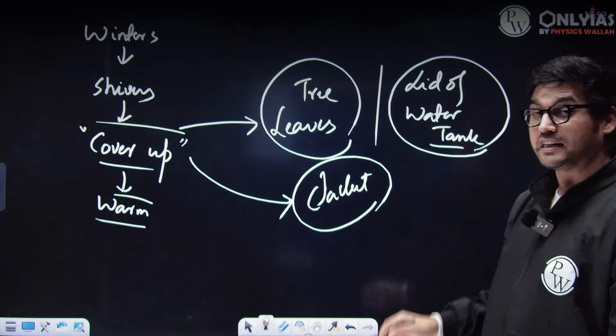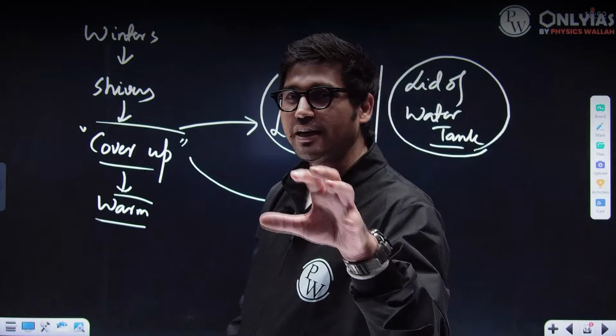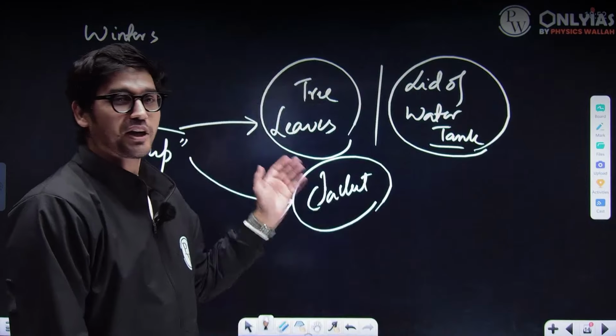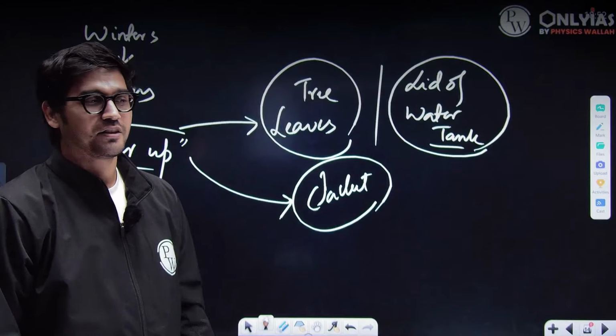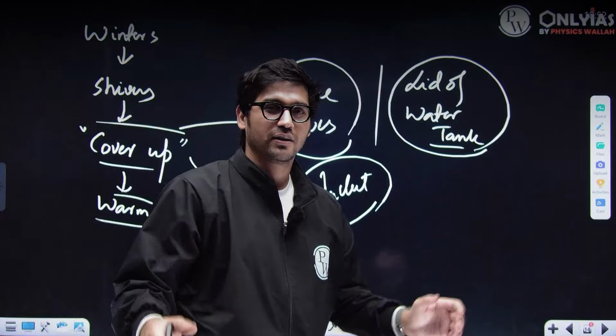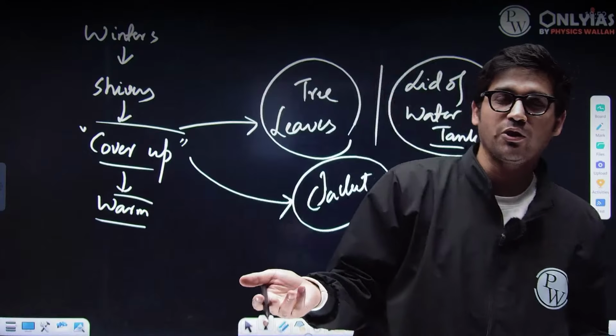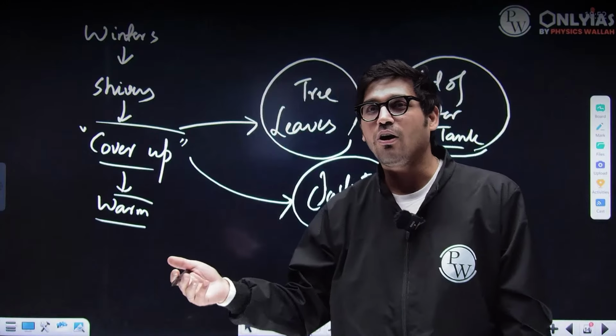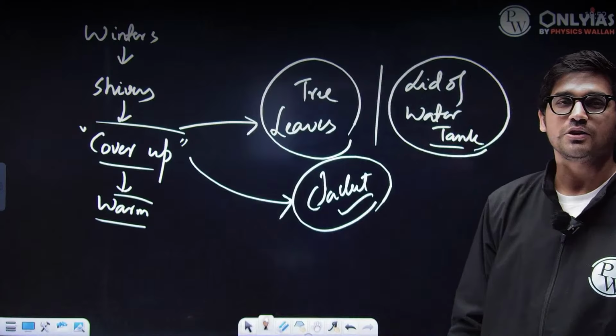You can take a Syntex water tank and the lid of the Syntex water tank to cover yourself up. You can go find the nearest tree, try to stitch leaves together, make something that Urfi Javed would normally want to wear, and then you can use this. Or you can wear a jacket.